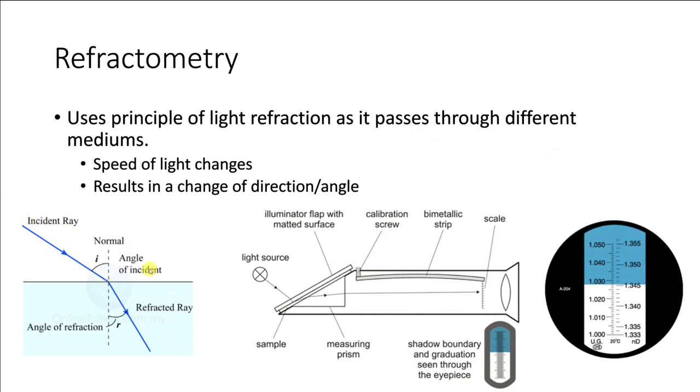This is when the speed of light changes, which causes a change in direction or angle. Then where that light hits along this measuring scale, we can read whatever it is that we're looking at. Again, it's usually specific gravity for our case.